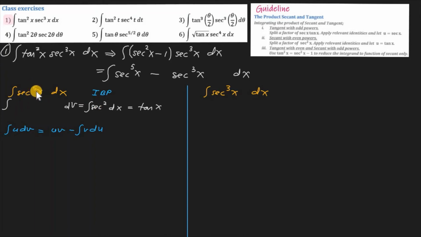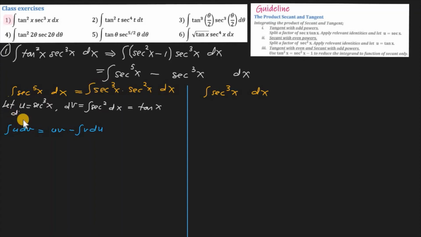The u which is left is secant power 3. Let me rewrite this. So hence, as we split this secant power 5 into secant cube and secant square, I would like to have dv being the secant square. If we choose dv as secant square, the remaining, which is u, is secant power 3.